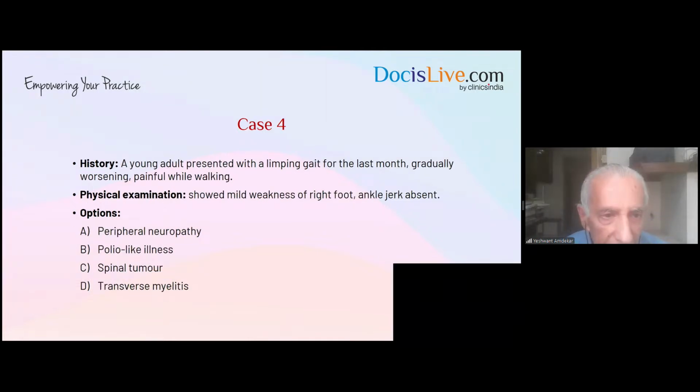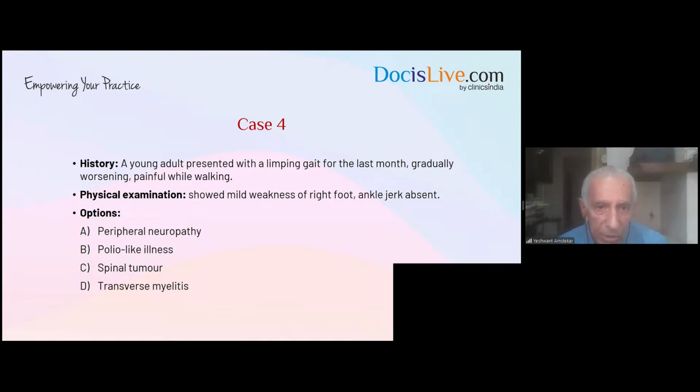The next slide is again a young adult who presented with a limping gait for the last 1 month. He is gradually worsening. He is painful while walking. Okay, take a note of all this. He shows a mild weakness of the right foot and ankle jerk is absent.